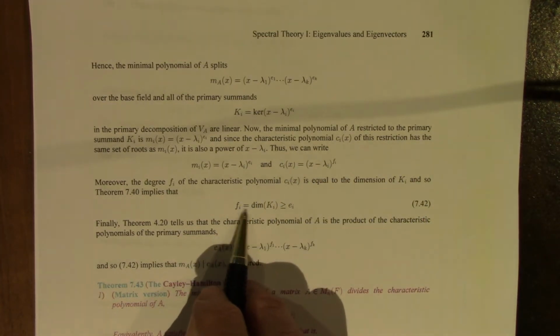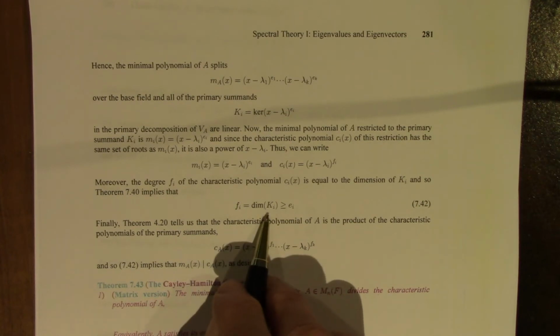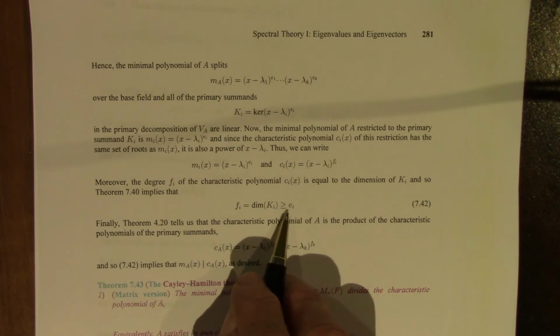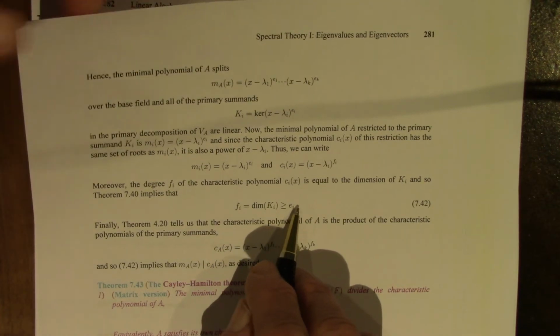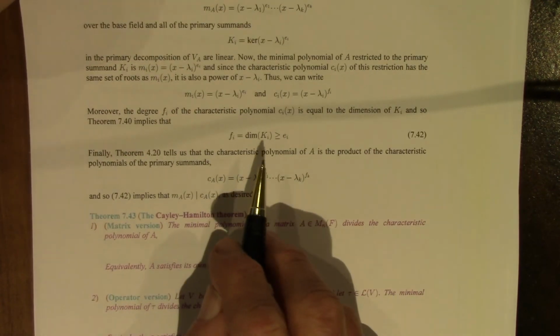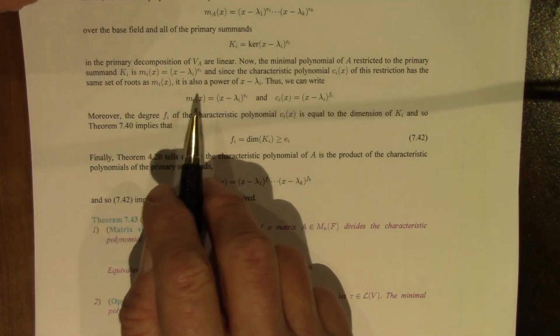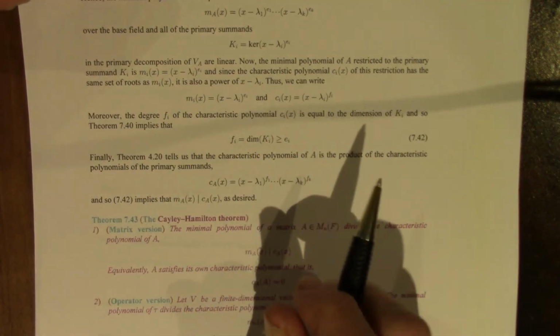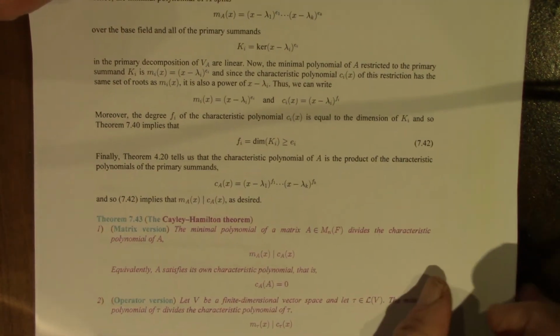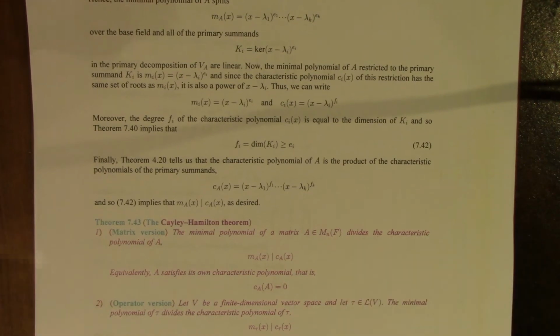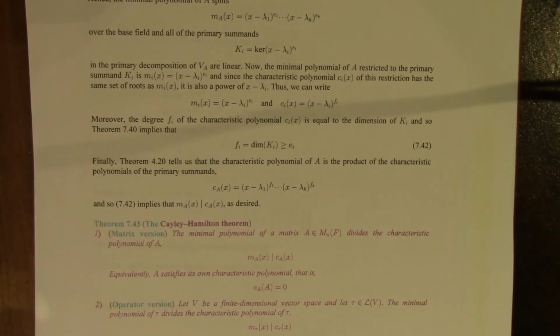So f sub i equals the dimension of K sub i, and by Theorem 7.40, which we proved last time, that is bigger than or equal to e sub i. So these two polynomials, the minimal polynomial and the characteristic polynomial of the matrix, have the same linear factors. They both factor into a product of linear factors.